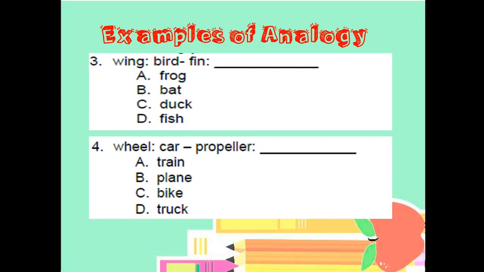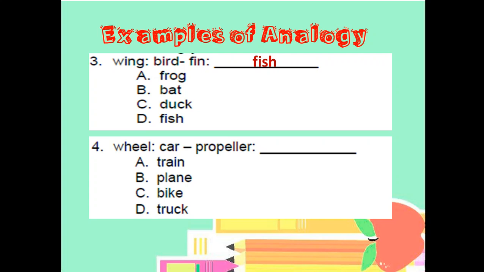Bird uses wing to fly. Now, let us identify an animal that uses fin to blank. Okay, the correct answer would be fish, because fish uses fin in order to swim. Same as with the bird using wings in order to fly. For them to both move on their certain place.